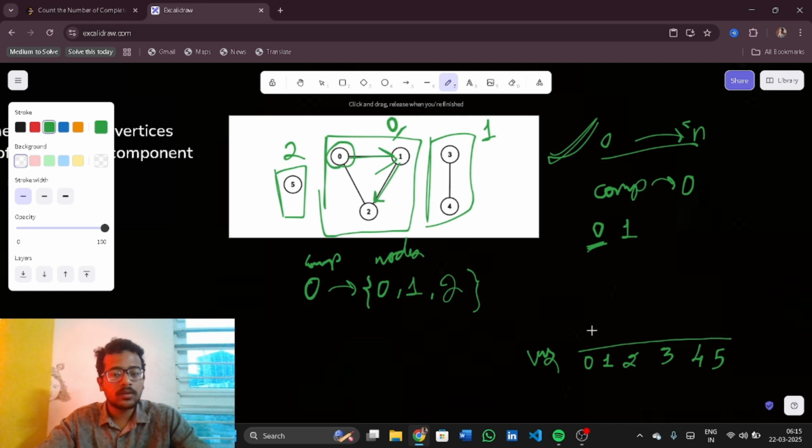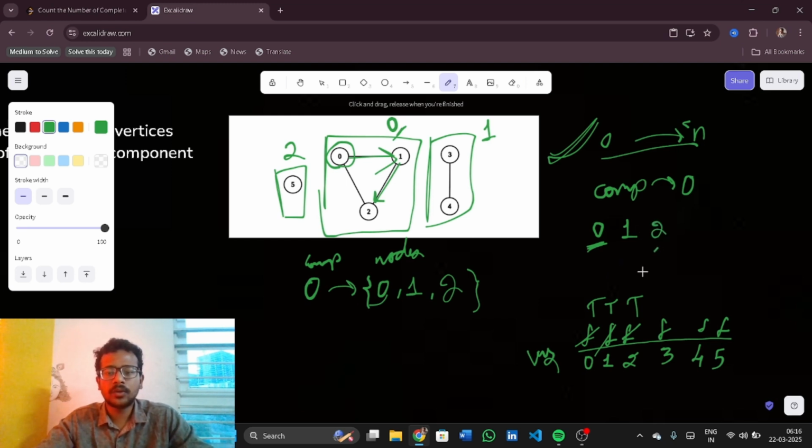I have everything as false initially, but when I go through 0, I make it true. I went through 1, so it is already visited, so I make it true, and then here it is true. So when I meet 1 in the loop, 1 is already visited, so I can't do a DFS there.